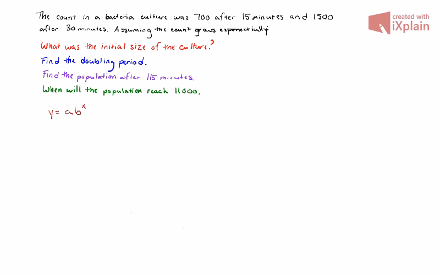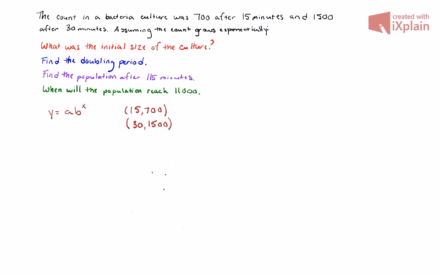But given this, what we want to do is create two different coordinate points. One of which would be after 15 minutes, we generate 700 bacteria. And then we also take another snapshot that says after 30 minutes, there is 1,500 bacteria.